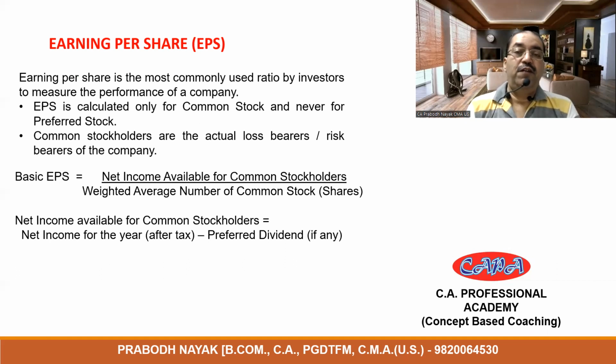So if there is any preference dividend payable, then we deduct that, and then we arrive at the net income available for common stockholders. What is there in the denominator?